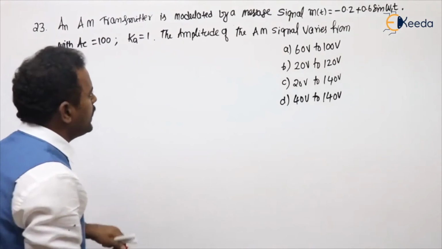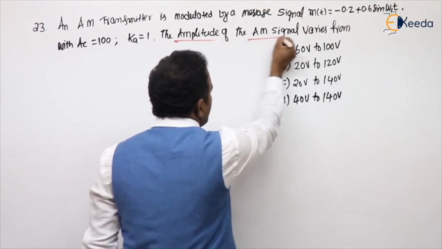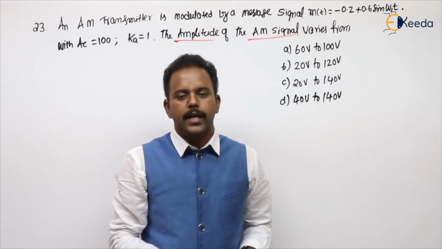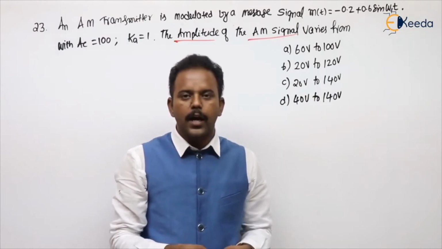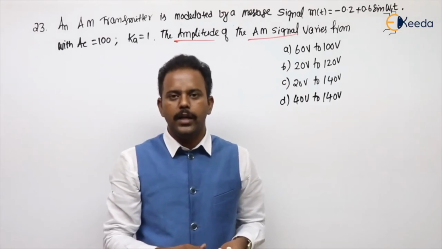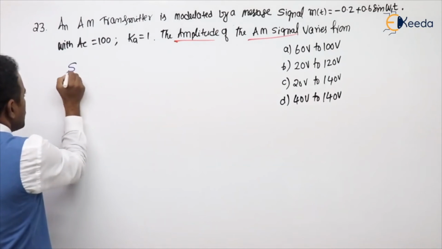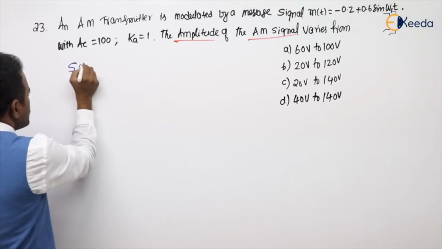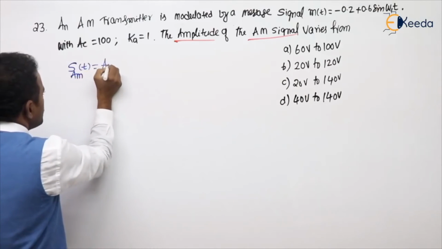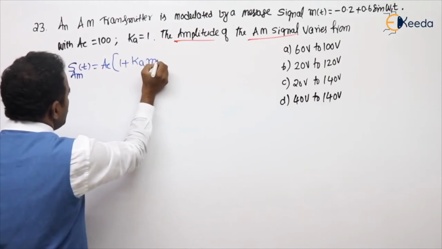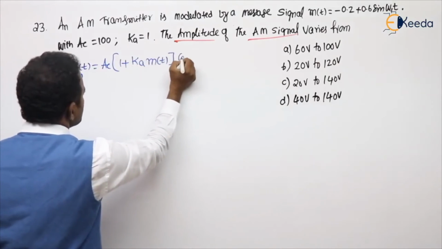So what is asking? Amplitude of AM signal varies, means he is asking A max and A minimum. So first bring the proper expression of the AM. What is the general expression of AM, students? The general expression of AM is AC into 1 plus Ka into m of t into cos omega ct.